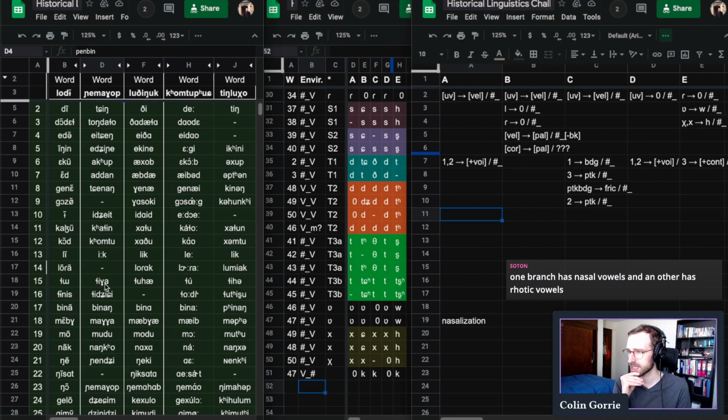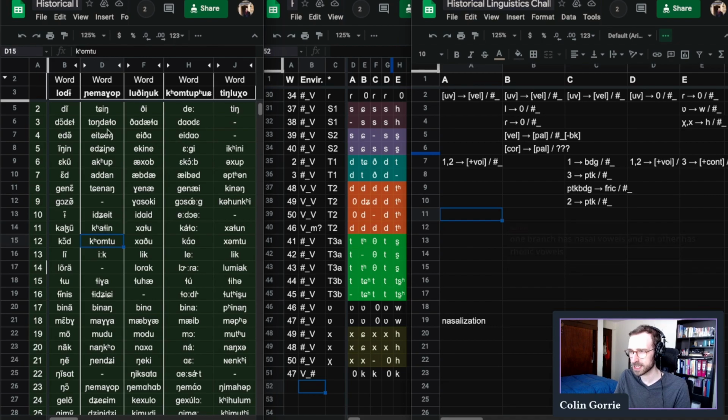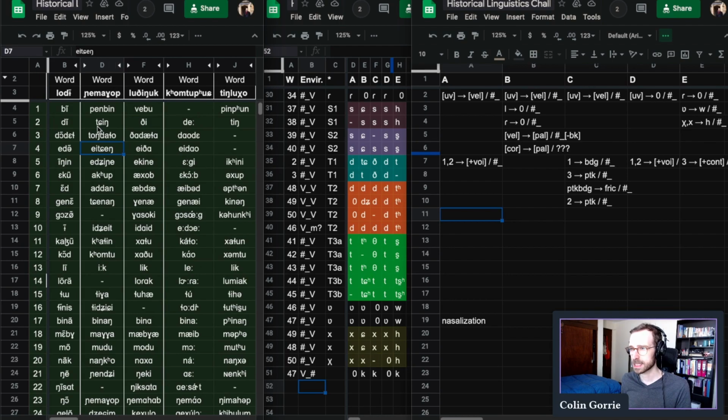B and C seem to have maintained the CV skeleton, whereas you can see we have tongdahlo, so 3 syllables here, and then we have only 2 in D, and only 2 in B. So I think we can start by doing some vowel correspondences, starting with, let's say, word 4.